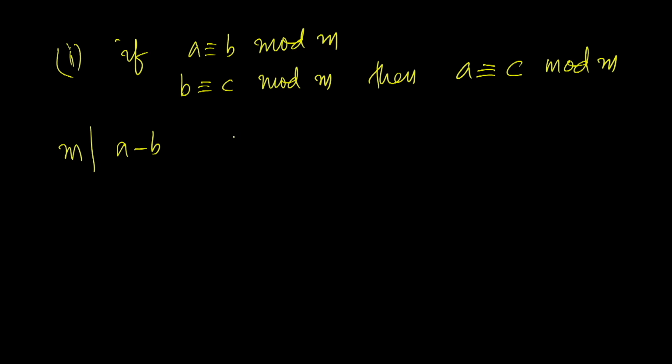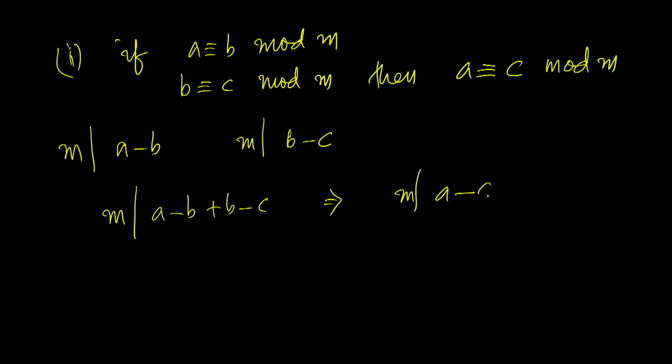From the second assumption, we have m divides b − c. If m divides a − b and b − c, then m should divide their sum too, which is (a − b) + (b − c), which means m divides a − c. If m divides a − c, where a and c are both integers, we have that a is congruent to c modulo m, which is the conclusion.